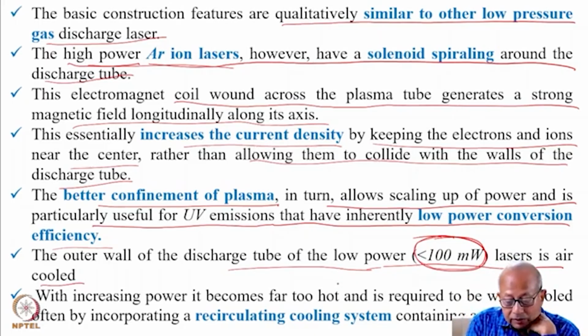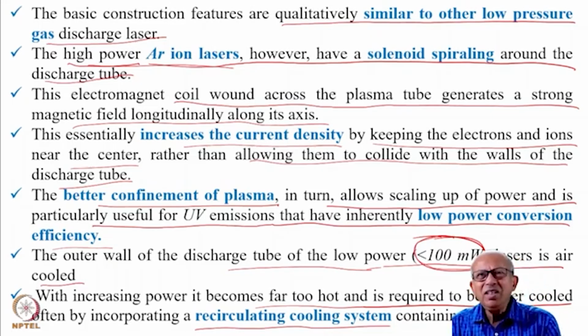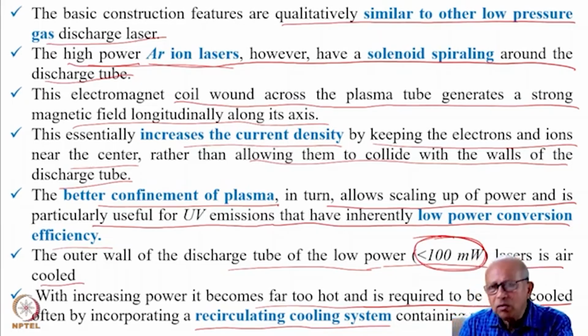But as the power increases, it becomes far too hot and is required to be water cooled, often by incorporating a recirculating cooling system containing a chiller. You'll have to remove heat at a faster rate, so air cooling would not suffice. We'll have to force cool with water, taking advantage of a chiller system.